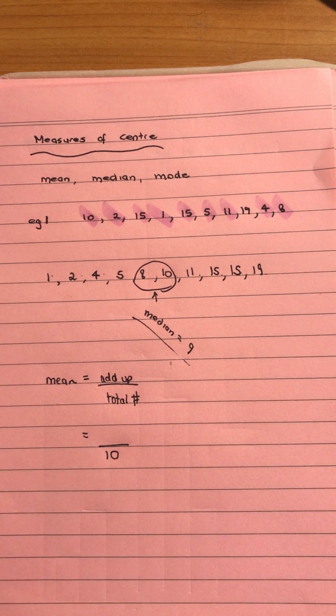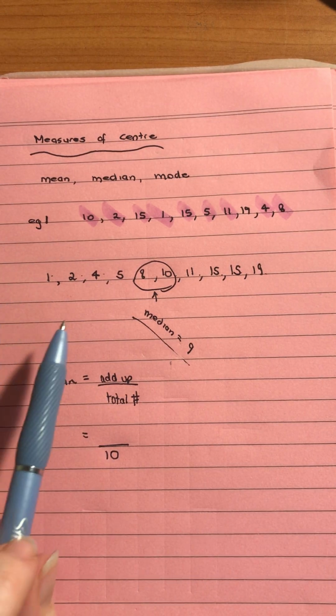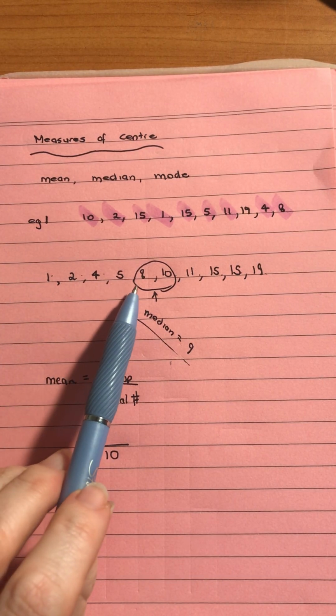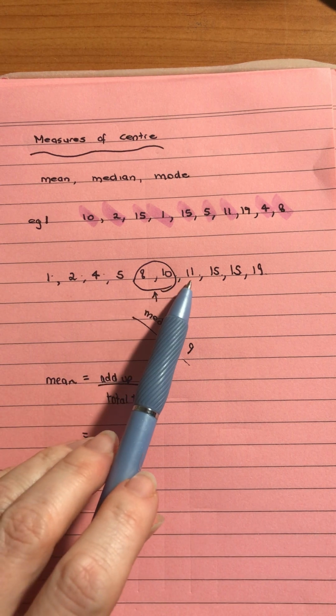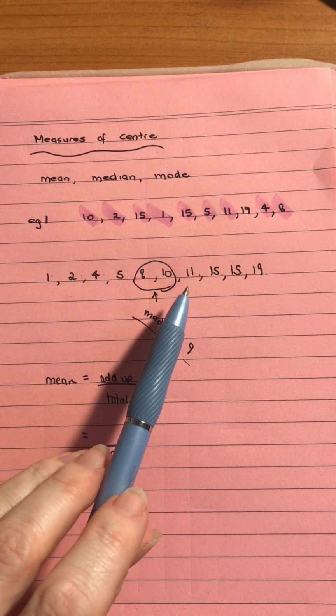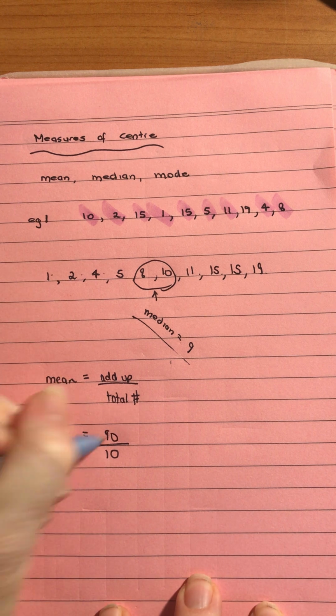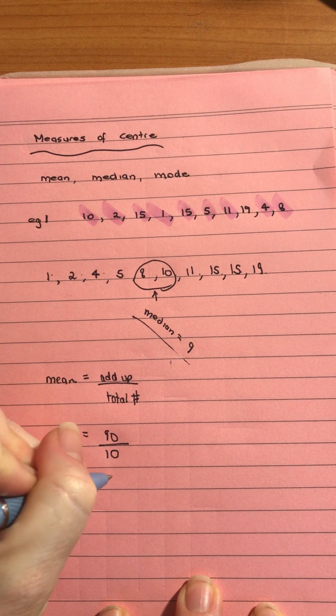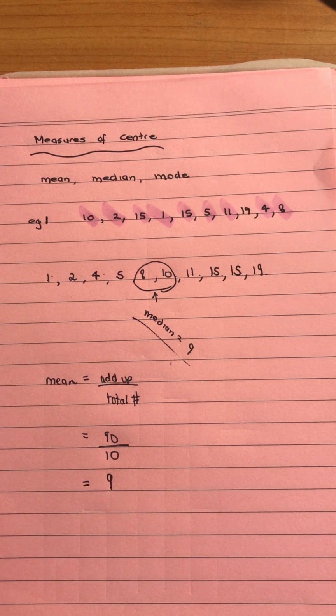So then I'm going to add those numbers up and divide my answer by 10 because there are 10 scores. So I've got 1 plus 2 plus 4 plus 5 plus 8 plus 10 plus 11 plus 15 plus 15 plus 19 is 90. And when I do 90 divided by 10, I get 9 as my mean.